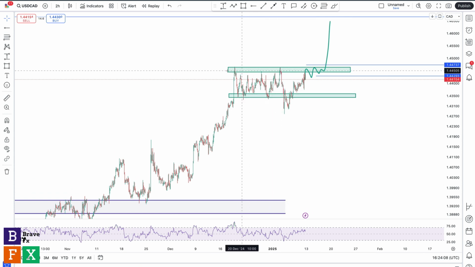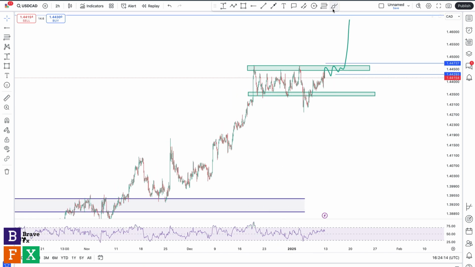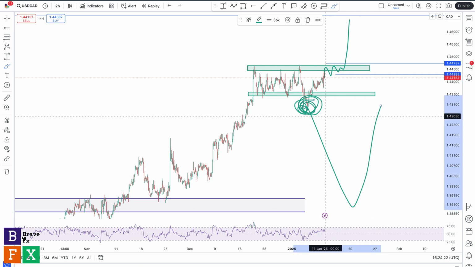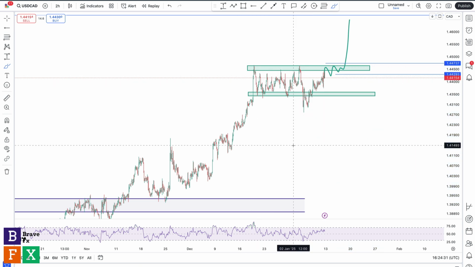Just because we bounced off of these highs, we took out this area of value, which is a support level, then now you tend to jump into a sell position over here, thinking, oh, the market is exhausted and we're going to go lower. You can see market shamed you really hard, because you can see the reversal to the upside now, back into this area of value. So that's the reason why it is good to lean towards the bullish case scenario when market is extremely bullish than trying to counter trade the trend, right?